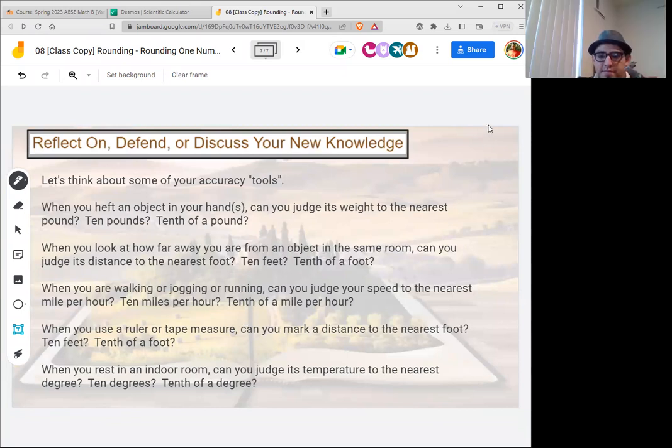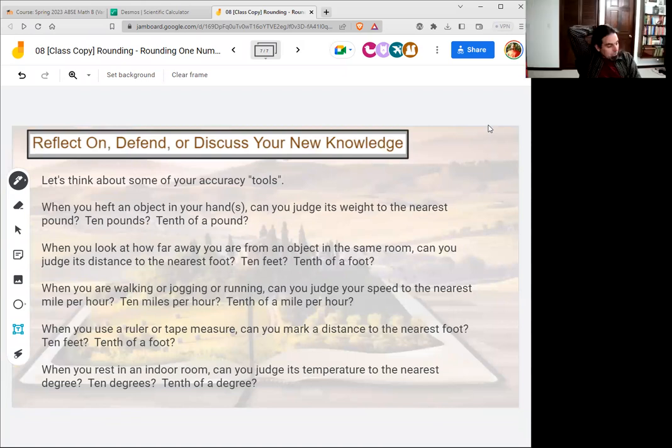Okay. So your homework part: think about this or talk about it with friends and family. Think about some of your accuracy tools. If you just heft something in your hand, can you judge its weight? 1 pound, 10 pounds, 1/10 of a pound? How good are you at judging weight with your hands?